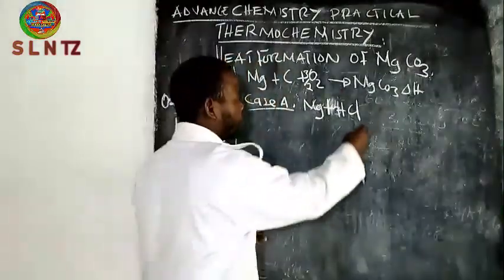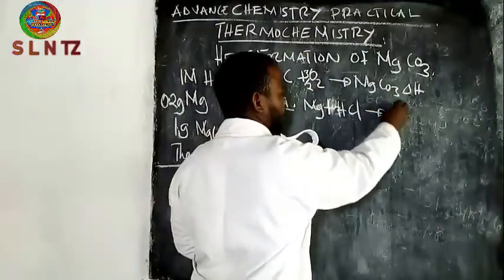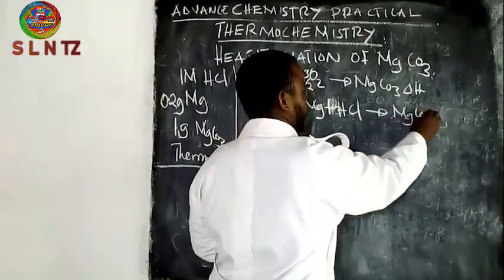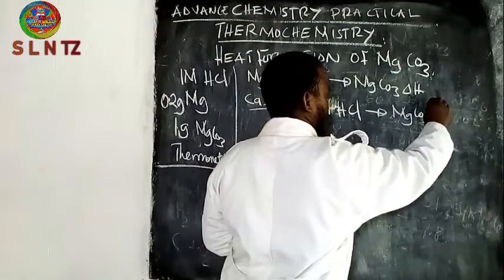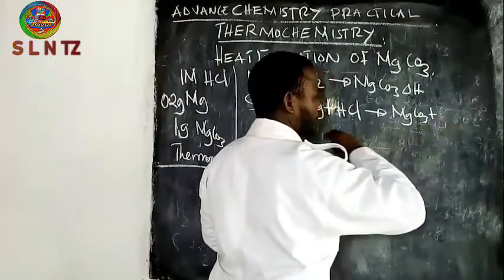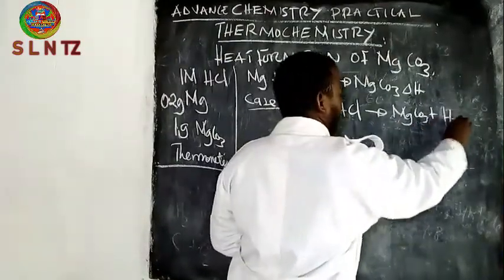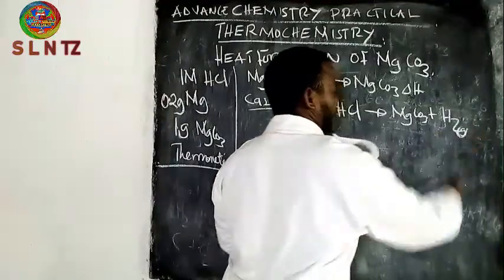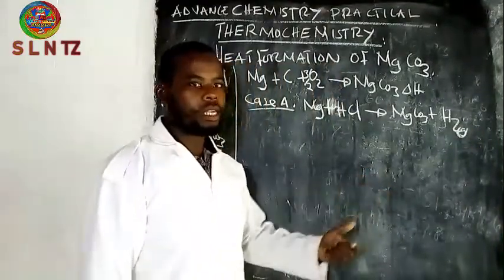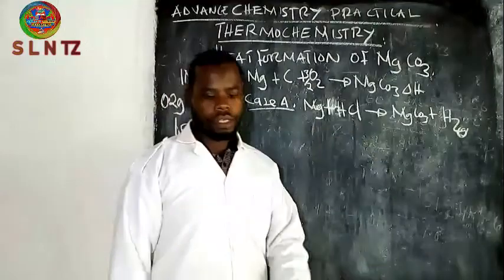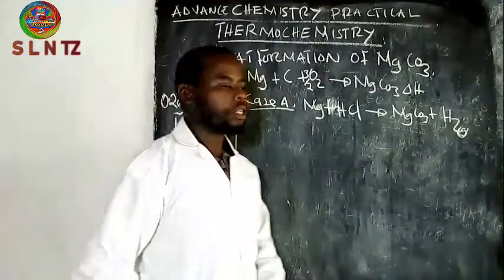The product will be magnesium chloride plus hydrogen gas. You are going to see the gas liberated within our reaction.